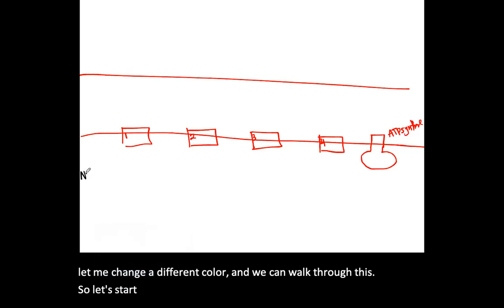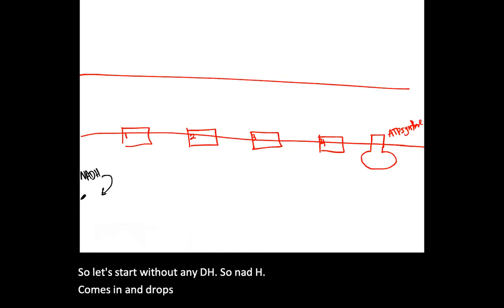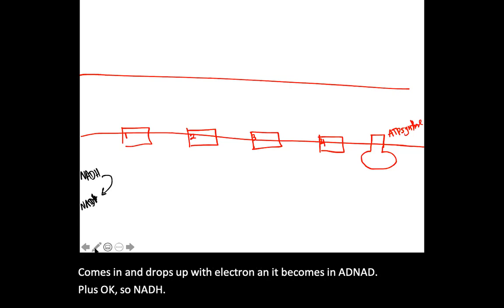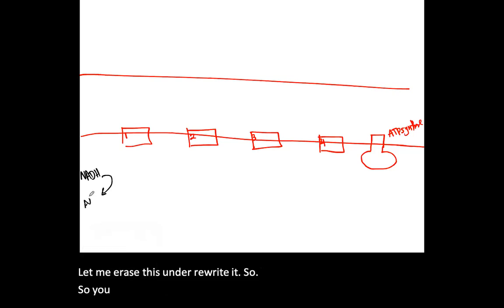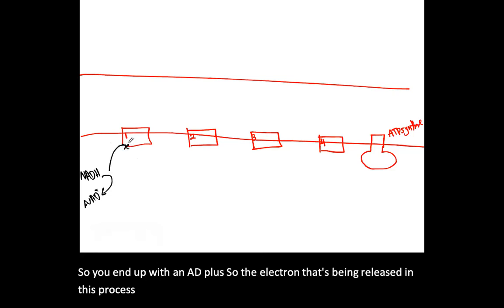NADH comes in and drops off its electron and it becomes NAD plus. So the electron that's being released in this process is going to be a high energy electron.